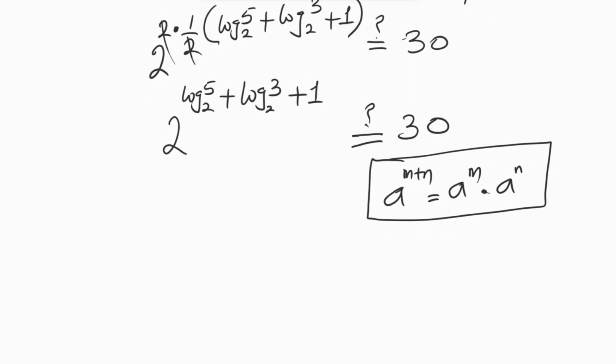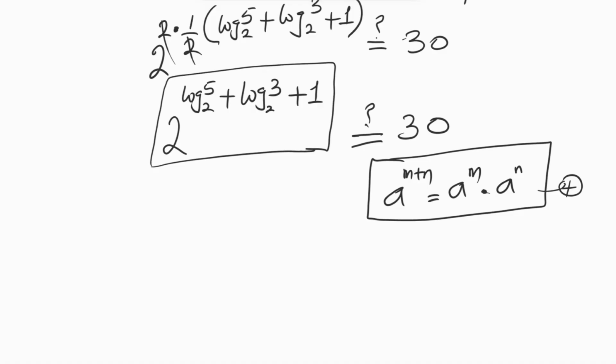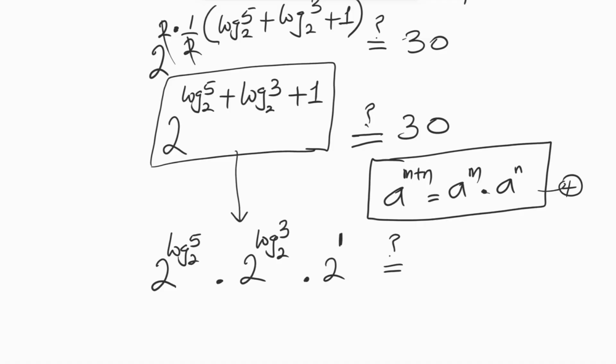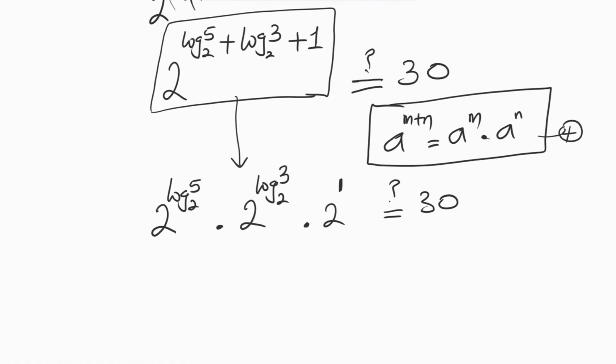Now, employing this formula, let's say formula 4, to this left-hand side of the equation, we have 2 raised to power log of 5 base 2 dot 2 raised to power log of 3 base 2 dot 2 raised to power 1. Let's see if that's going to be equal to 30.